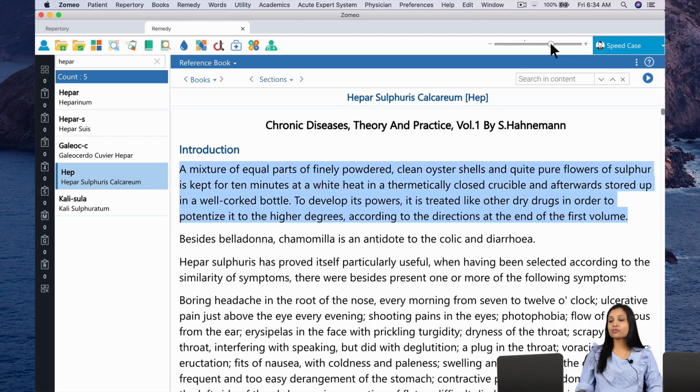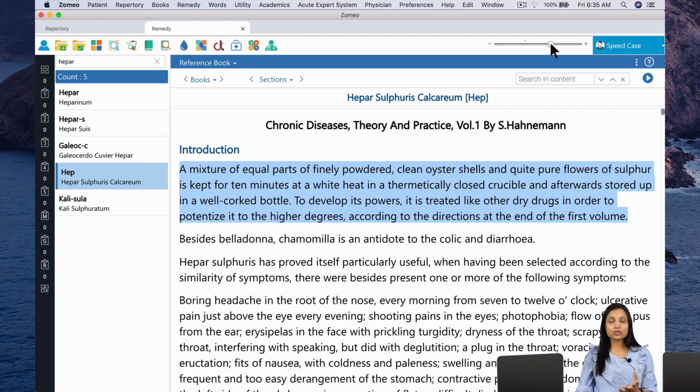A mixture of equal parts of finely powdered clean oyster shells and quite pure flowers of sulphur is kept for 10 minutes at a white heat in a hermetically closed crucible and afterwards stored up in a well-corked bottle. This is the source material of Hepar Sulph, and that is why it is an impure form of calcium sulphide.